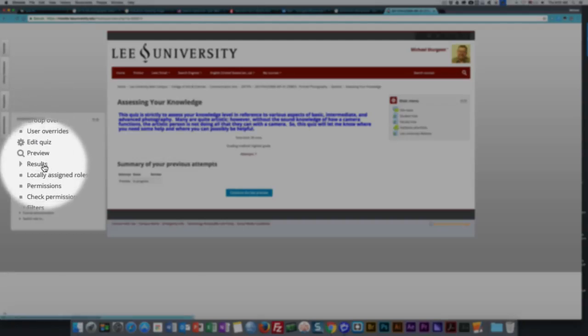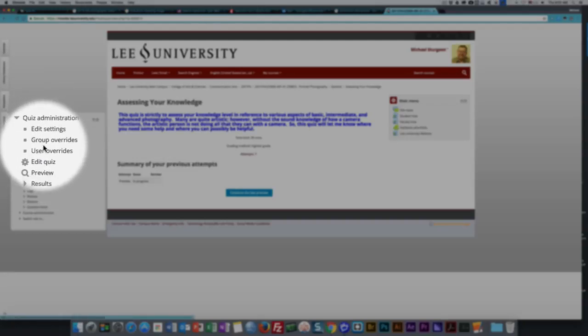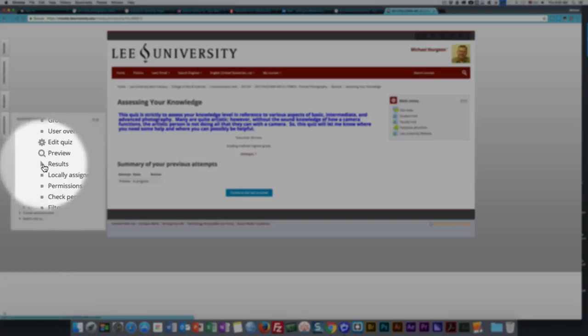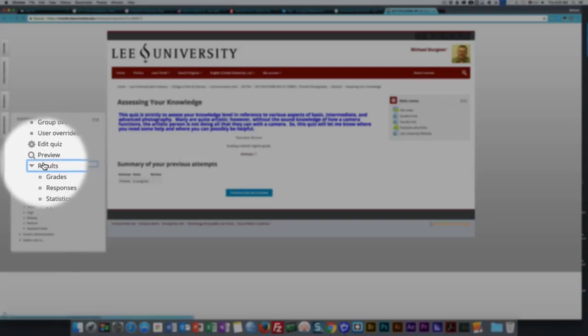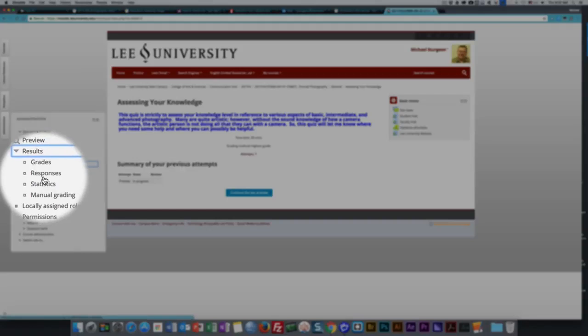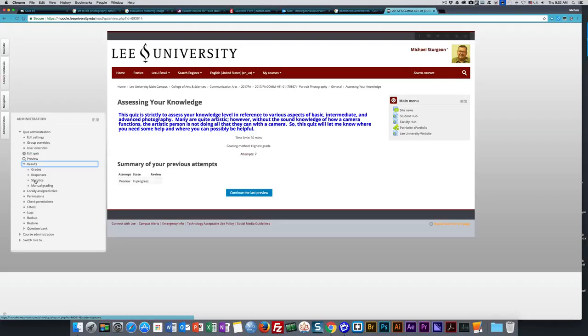So when I go to results here, right under preview, it is the sixth item down. Click on results, expand it out, and select. You can go directly to just looking at the grades, or responses, what were their answers, and averages. We want to work specifically with statistics today.